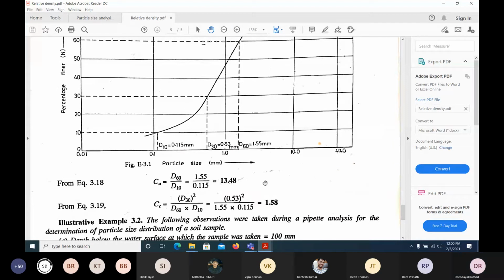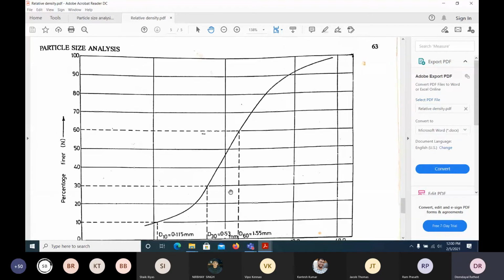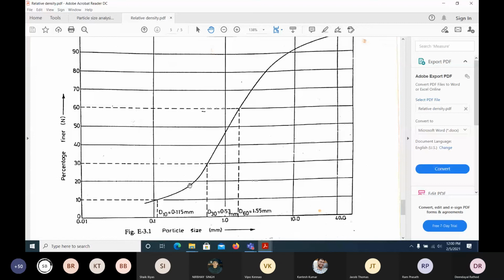Well-graded soil. Yes, well-graded soil. That's the reason the curve also, look at this curve, is well-graded type. Suppose if you get a hump or something like that, it is gap graded, or if you get only vertical, it would be uniformly distributed, I mean a uniform curve.